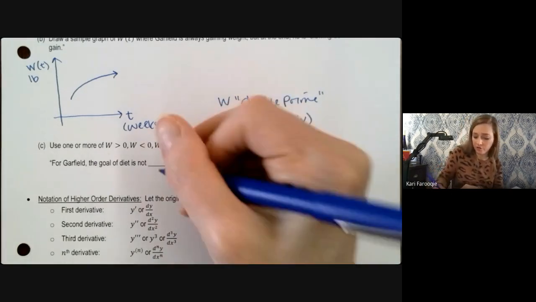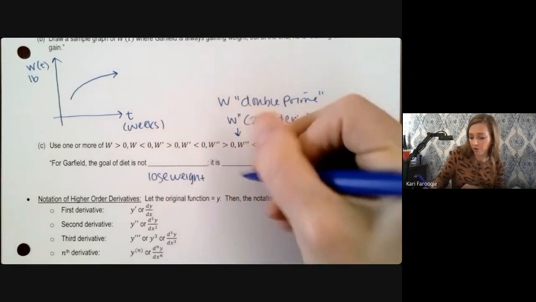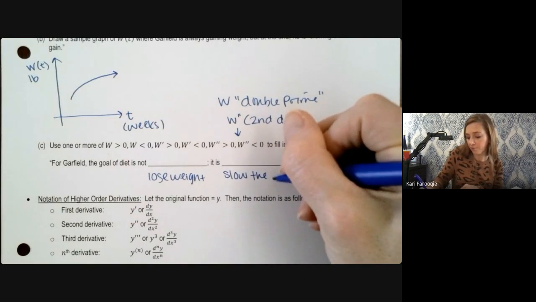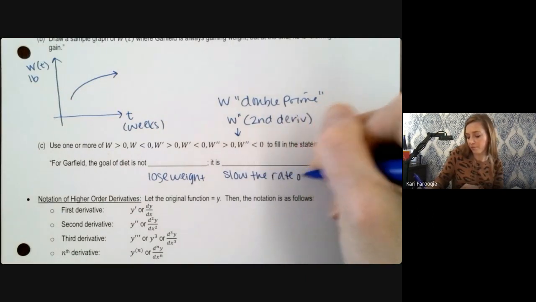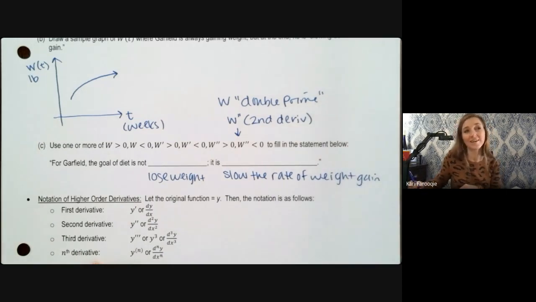So if the goal is not to lose weight, but it is to slow the rate of weight gain, like maybe instead of gaining 1 pound per week, maybe gaining half a pound, and then maybe a quarter pound, and so on and so forth, then we would have to represent this with symbols.